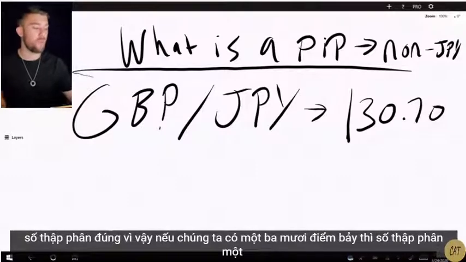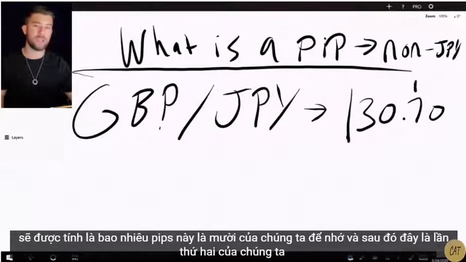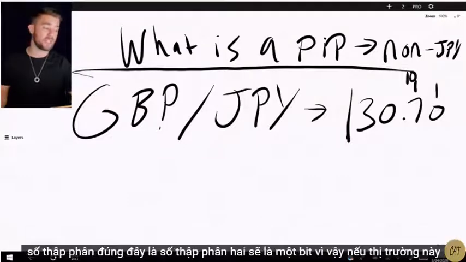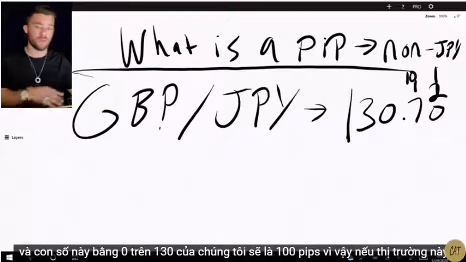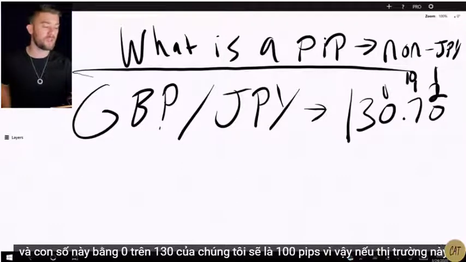So if we have 130.70, then decimal 1 would count as how many pips? This is our tens, remember? And then this, our second decimal, decimal 2, is going to be 1 pip. So if this is 0 on the 130, our 0 is going to be 100 pips.